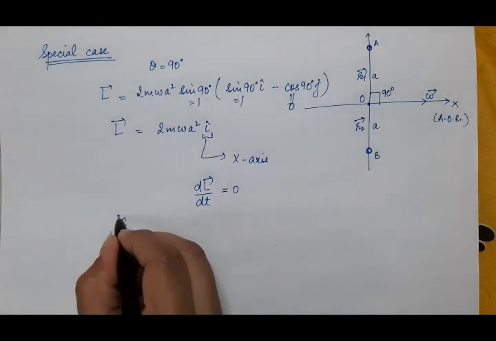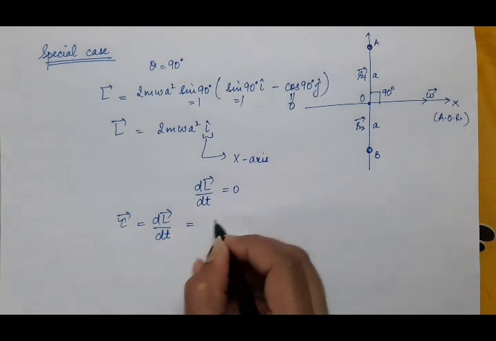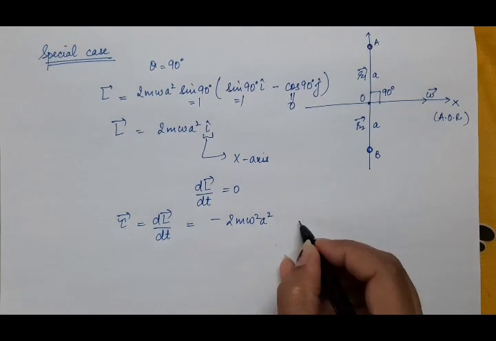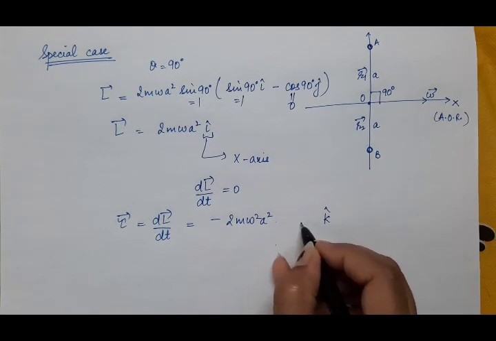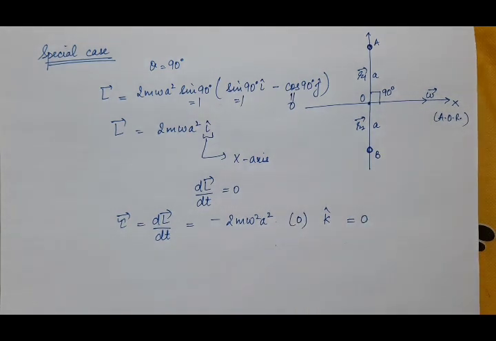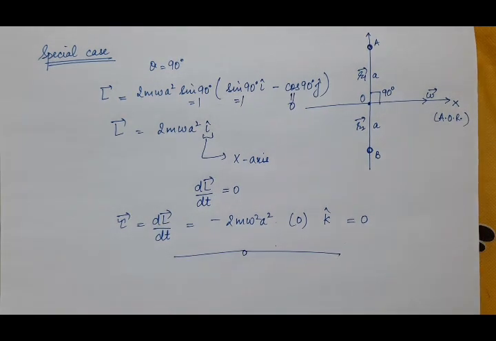We have also calculated the formula for the torque, minus 2m omega square a square sin theta cos theta k cap. Sin 90 is 1, but cos 90 is 0. So it will make this 0. So no torque will be acting on the two particle rigid rotator in that case. So this is all about the angular momentum vector about the axis of rotation.